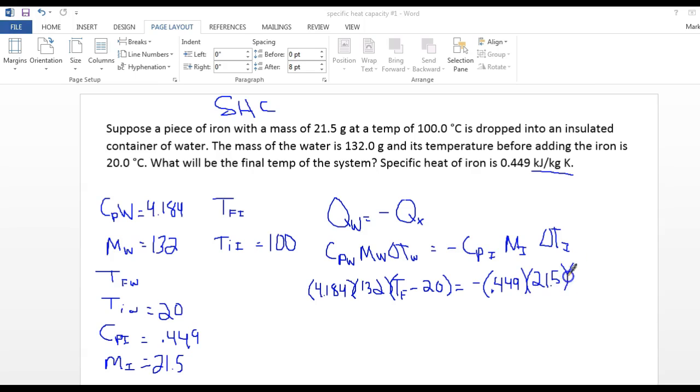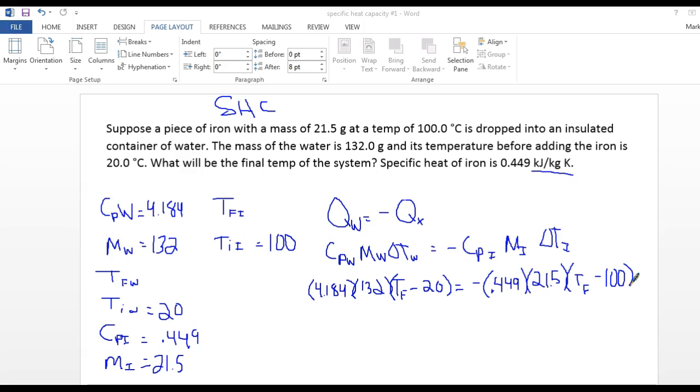The final temperature, we don't know. It's going to be the same as the water, and then we heated it to 100 degrees. Okay, and then we just do the math.